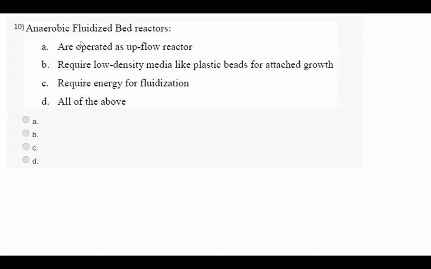So anaerobic fluidized bed reactors. It is actually all of the above, D. They are operated as upflow reactors and require low density media like plastic beads for attached growth.